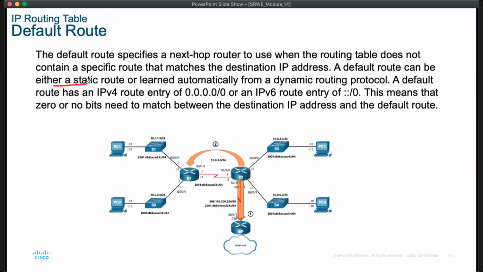The default route has an IPv4 route entry of 0.0.0.0/0 or an IPv6 route entry of ::/0. This means that zero or no bits need to match between the destination IP address and the default route.